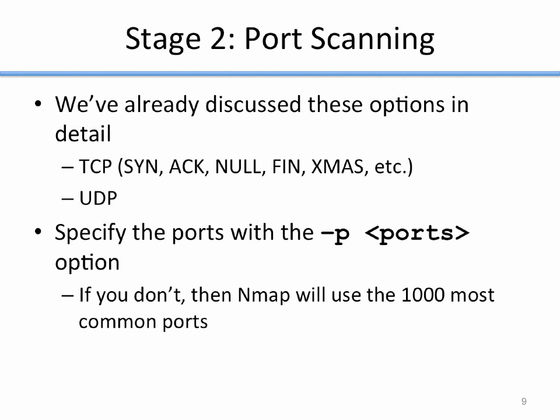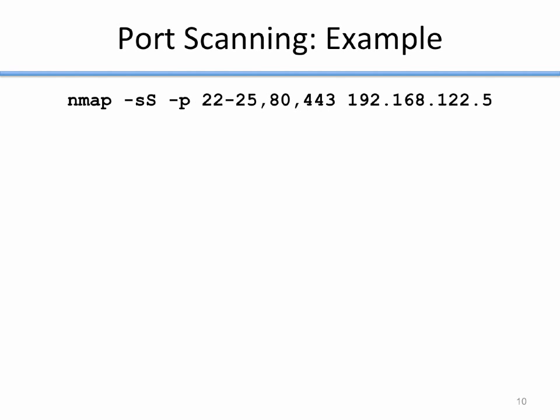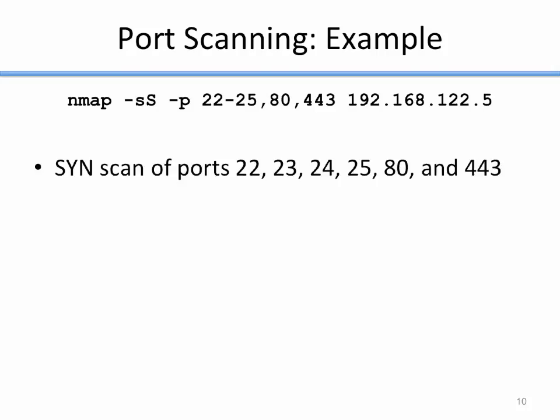But you can specify any set of ports you want. So as an example, if I use this Nmap command, well, this is doing a SYN scan, because I specified a SYN scan, of ports 22, 23, 24, and 25, which I specified here after the -p, port 80, and port 443.